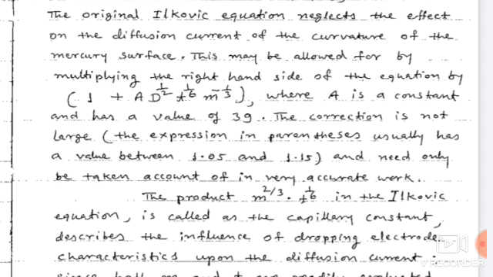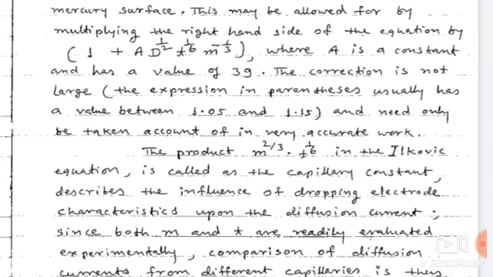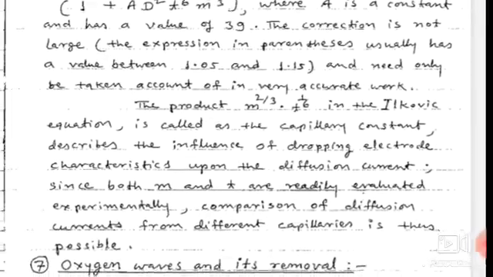Here A is a constant and has the value of 39. The correction is not large, so the expression in the parenthesis usually has a value between 1.05 and 1.15 and need only be taken into account in very accurate work.